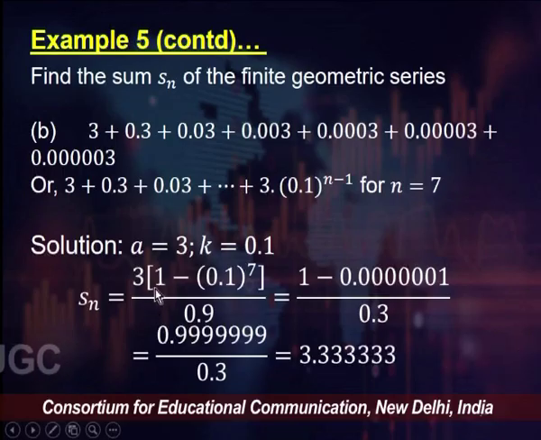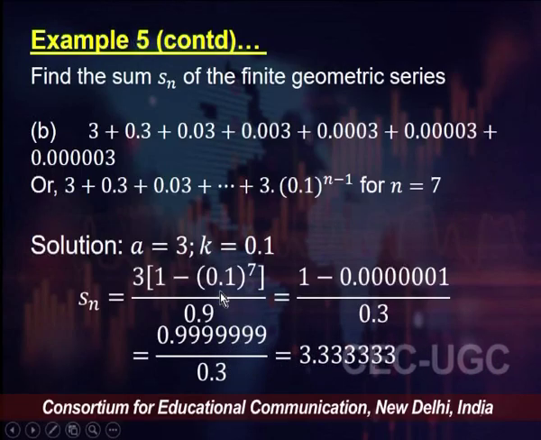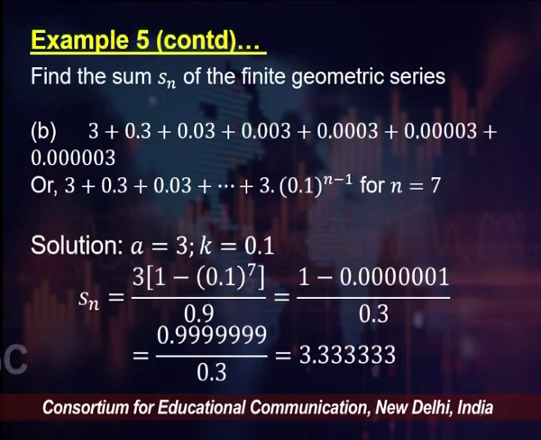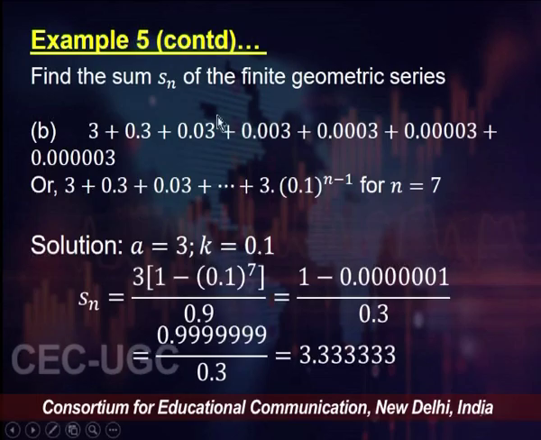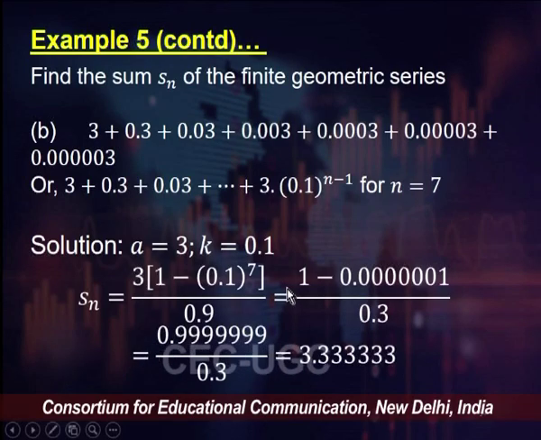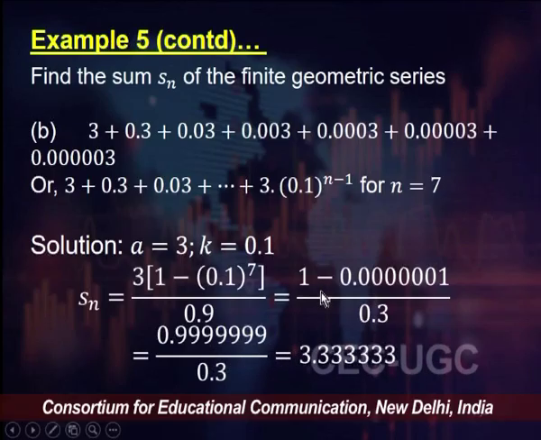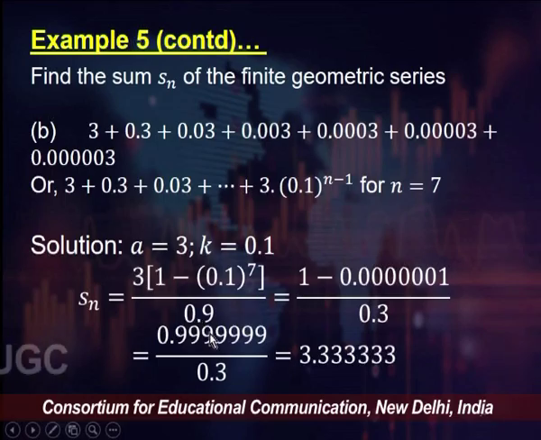So, the sum becomes the first term, which is 3 times 1 minus k to the power 7, because we have 7 terms, right. So, that is going to be 0.1 to the power 7, the whole thing divided by 1 minus k, which is nothing but 0.9. Now, once you do the calculations, you can use a calculator here. First of all, 3 and 0.9, this you can simplify, and that will give you a 0.3 in the denominator.